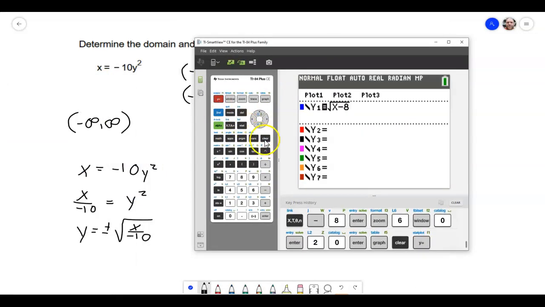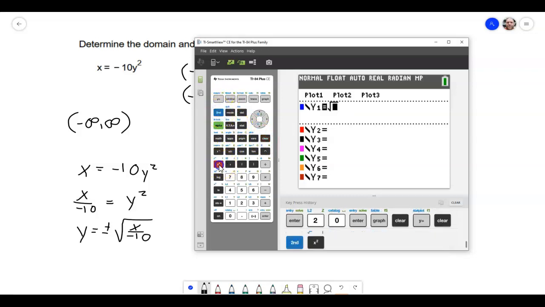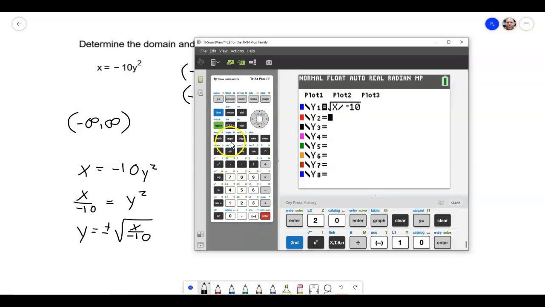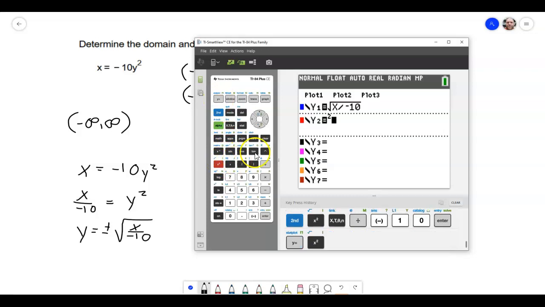So y equals, first one we'll do the positive, that's the second square root of x divided by negative 10. And then we'll do the same thing for this one here. We'll do negative second square root of x divided by negative 10.